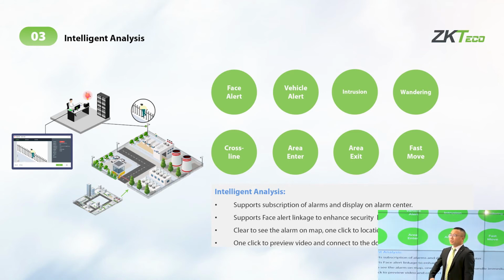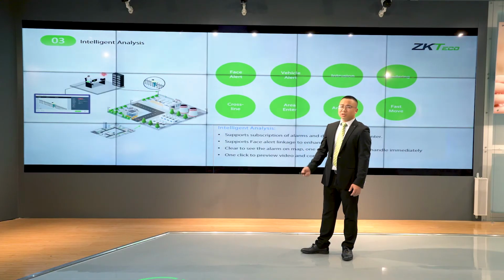We can add more AI factors: intrusion, wandering, cross line, area enter. From the diagram, we can see the people just cross the barrier. So the people in the monitoring center will easily know what happened outside and also trigger alarm.